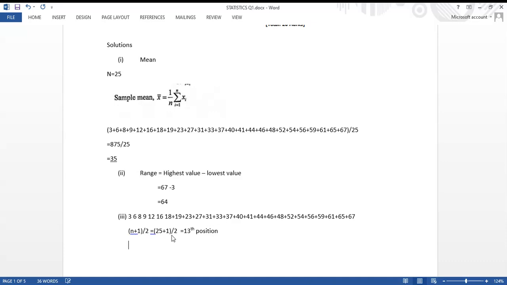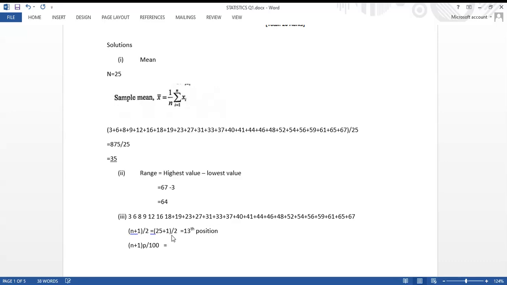Using percentiles, by using the 50th percentile, p is going to be 50. So n plus 1 times p divided by 100.